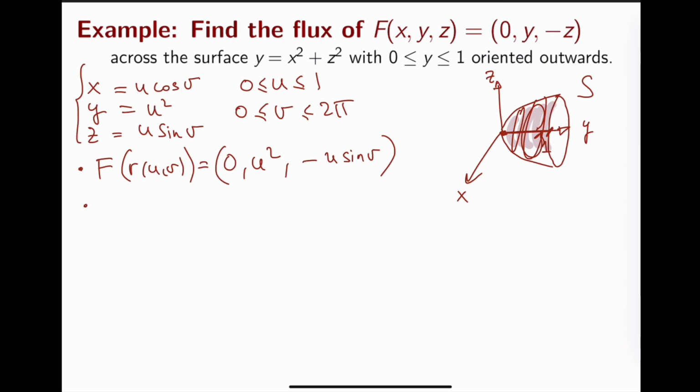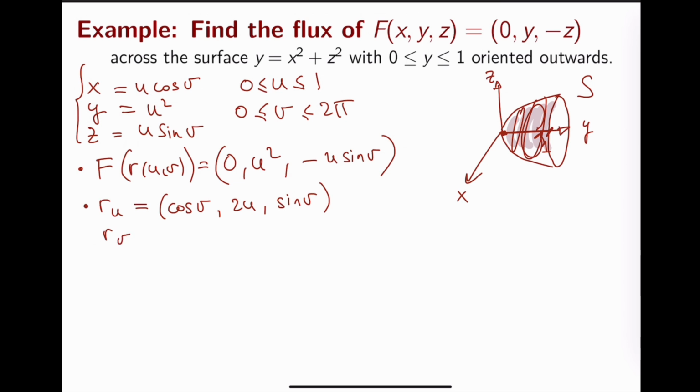And now the two things that we are going to need, as before, are Ru, which is the derivative of the parametrization with respect to u. So in this case, the derivative here with respect to u is just cosine v, here with respect to u is 2u, and here with respect to u is just sine v, which acts as a constant, right?